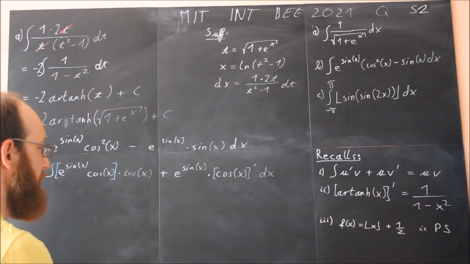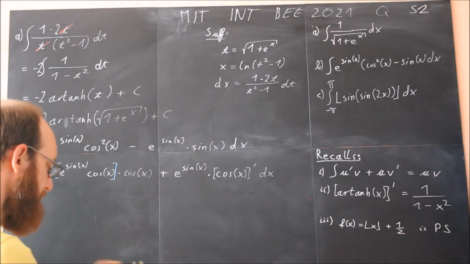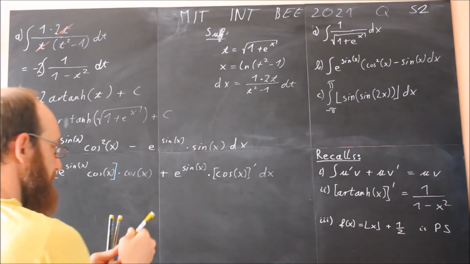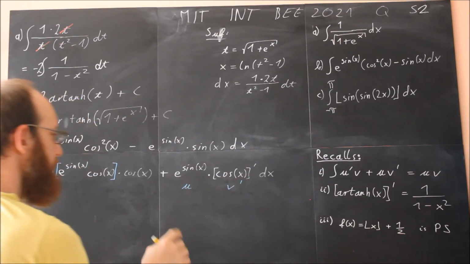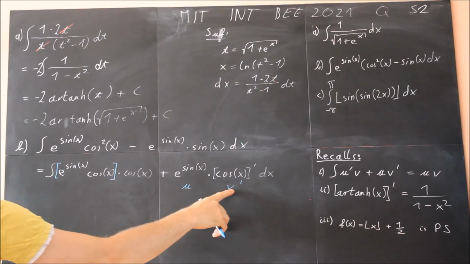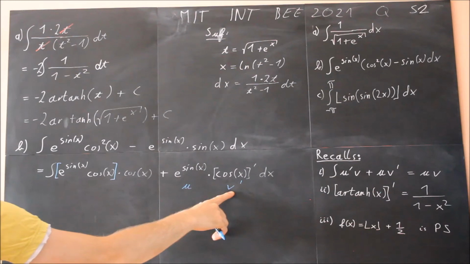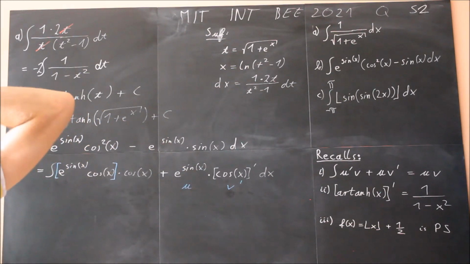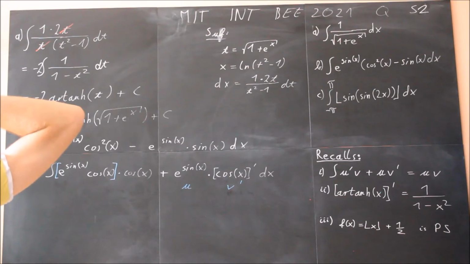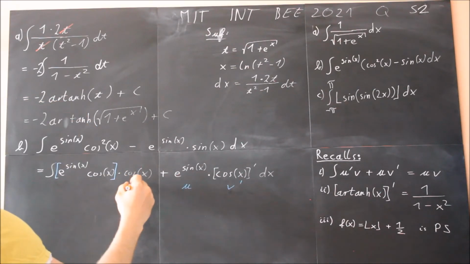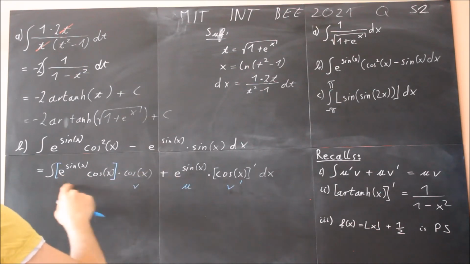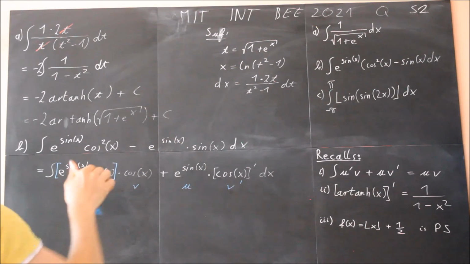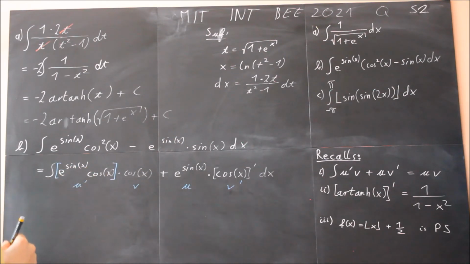Okay, and now we can see that we have here u v prime. Here is v prime, here is v, and the derivative of e to the sine is e to the sine times then the chain rule cosine, so this is exactly u prime, alright?